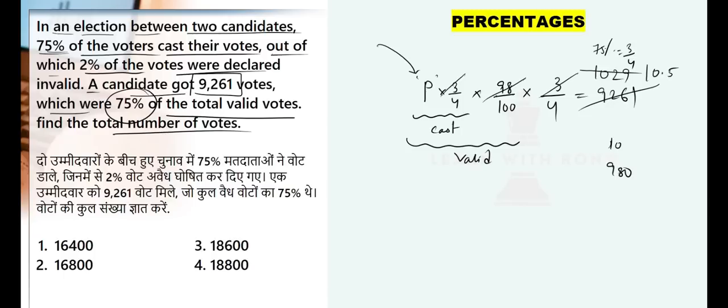So 10.5. 98 10 times is 10, 1029. So we got p value 4 times 4, 16 times 100 times 10.5. So p is 16, 5 is 80, 8 carry forward, 16 0 0 8 and 16 1, 16 and one more 0. 16,800 is the answer. Option number 2.